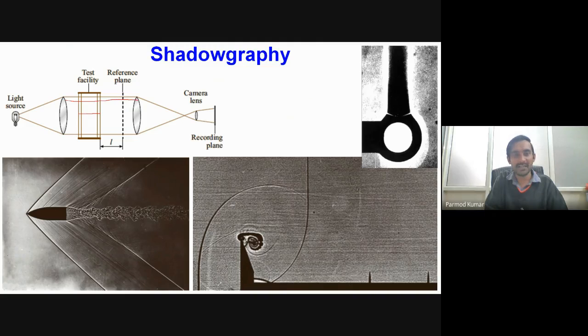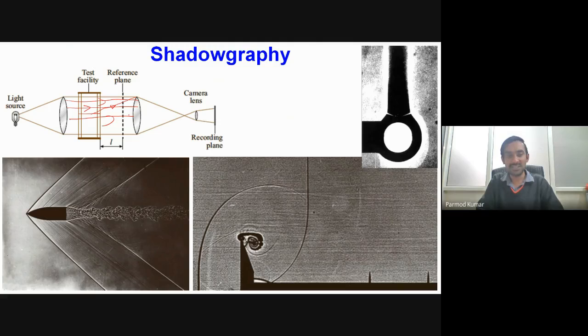Light at other locations will move along a straight path, and at this corresponding location, it will be deflected at a certain angle. Because of this deflection of the light, we will find on our screen that at some points we have higher intensity, and at the point where we have the gradient of the density, we will have a dark spot.